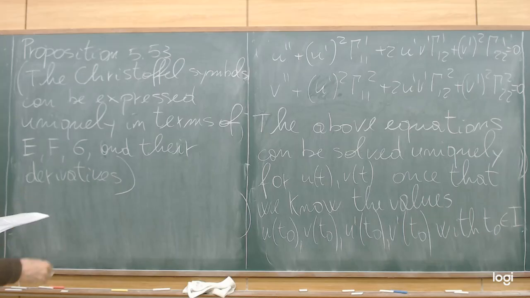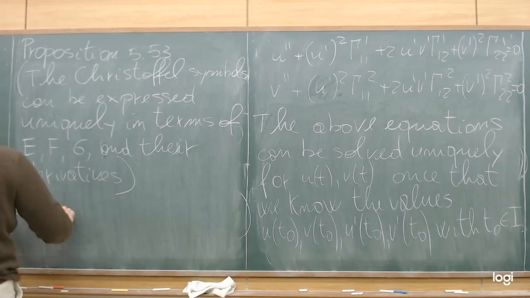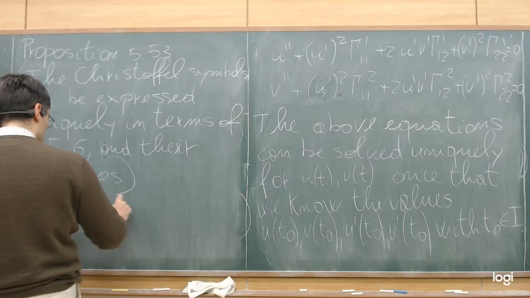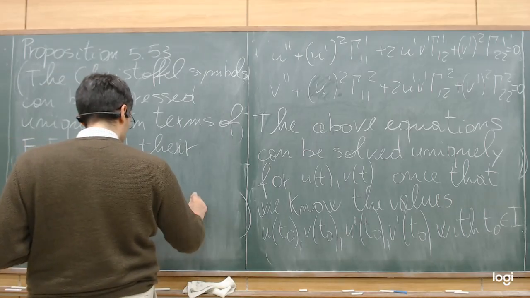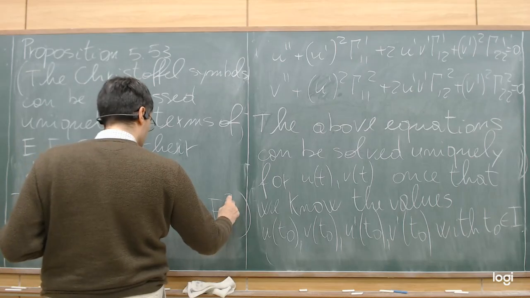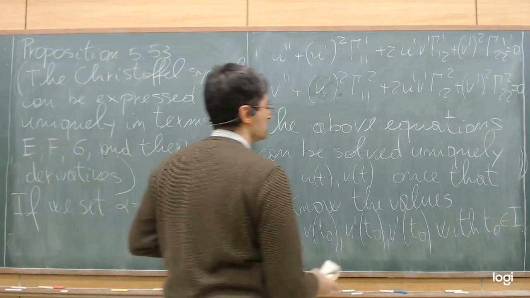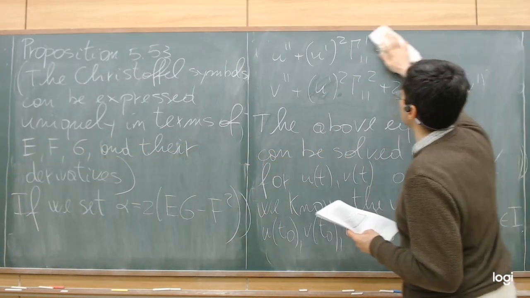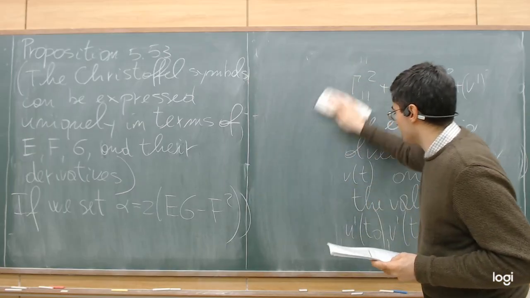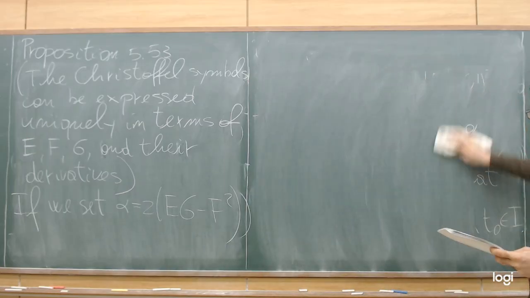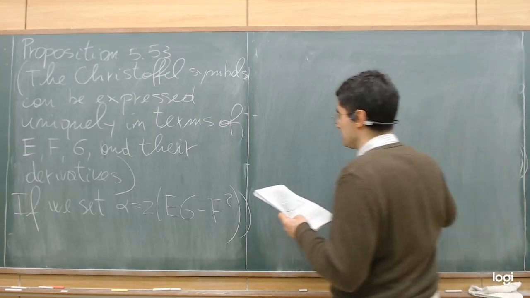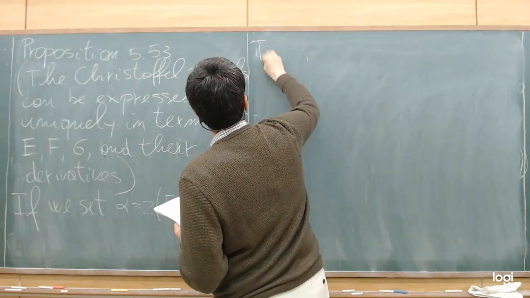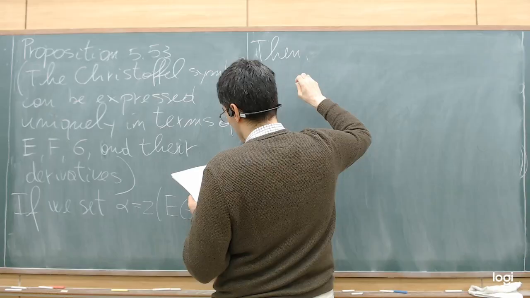Precisely, if we set alpha to be the function 2 times (EG minus F squared), then we have the following formulas.